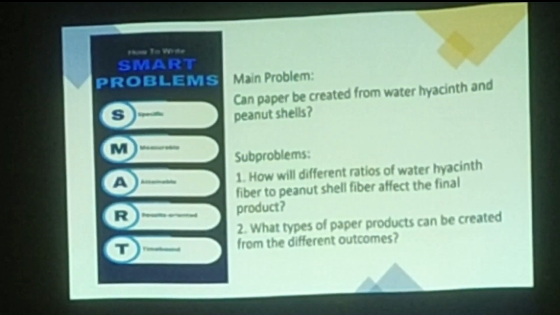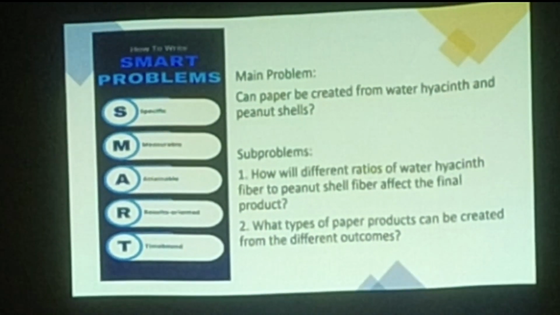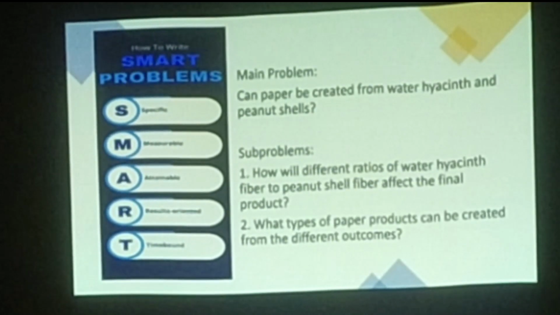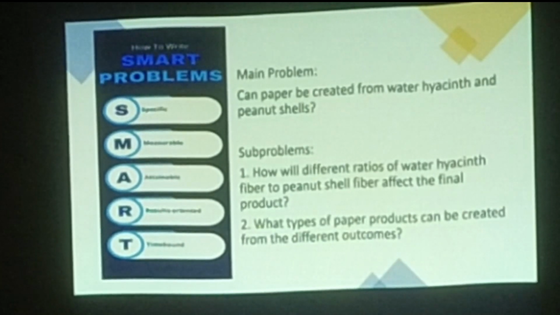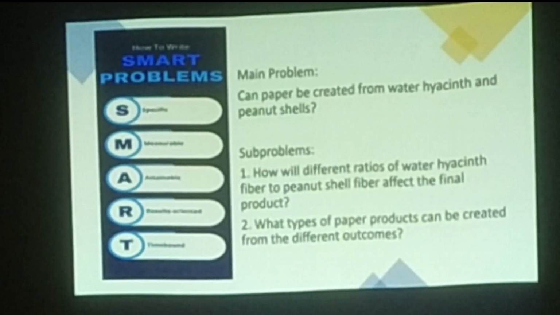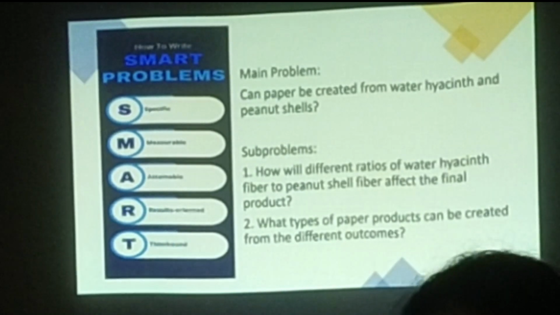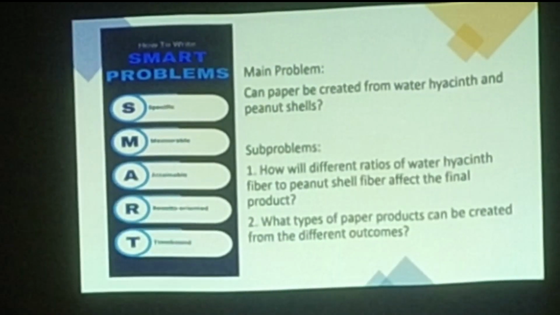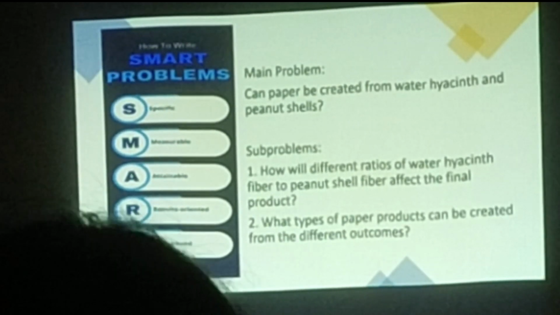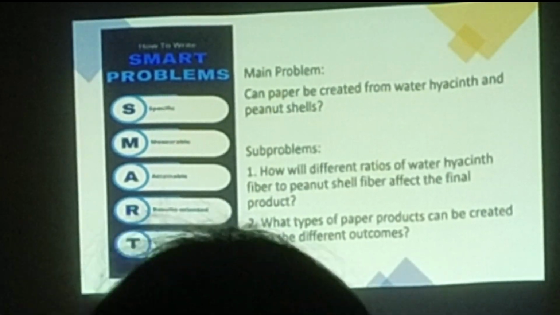If a research problem is to be decided on by the researcher, so the answer to that is a decision of the researcher, then that's a pseudo-question or a pseudo-problem. Is the second sub-problem a pseudo-problem or not? Can you read it? Kaya ba mabasa? What types of paper products can be created from the different outcomes?